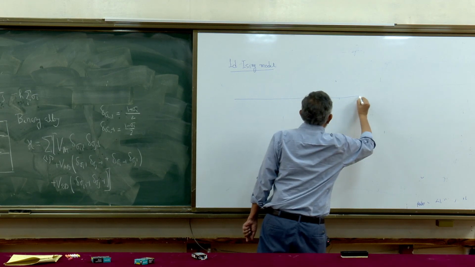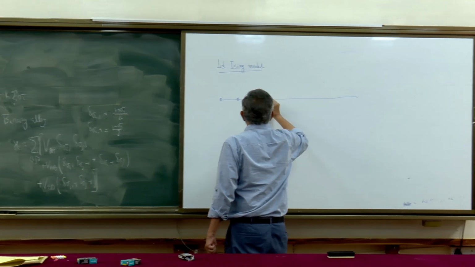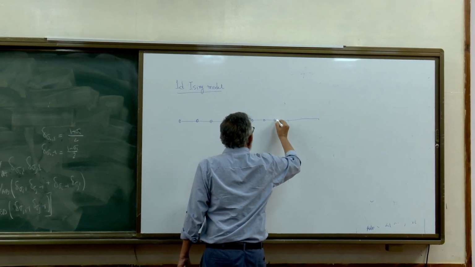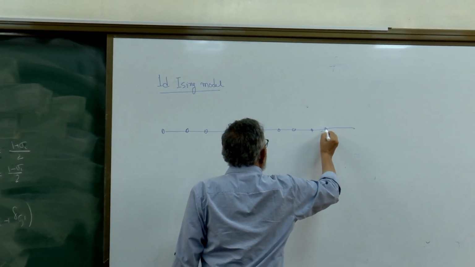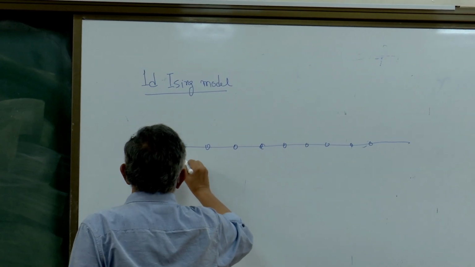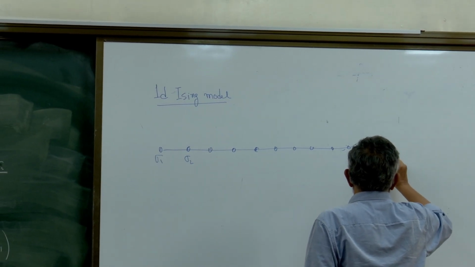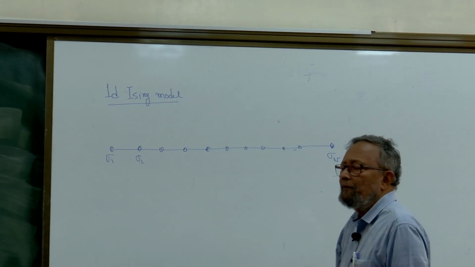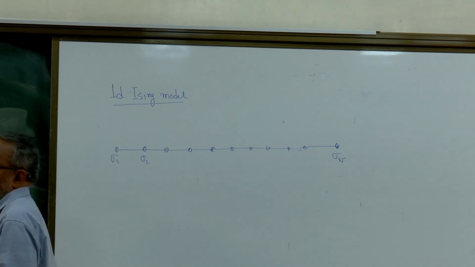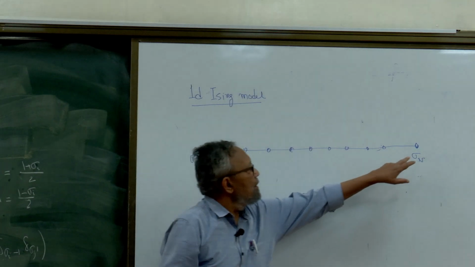I have basically a line, one dimension, with some lattice sites. At each lattice site you have, here sigma 1, and here sigma 2, etc., and let's say I have N such lattice sites, up to sigma N. For the time being, at least, we assume that this is an open-ended system, that there is nothing on this side and nothing on that side.